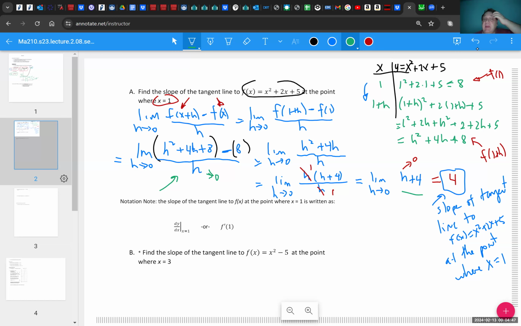In this particular case, if you plug in 0 for h everywhere on the top and the bottom, you will get 0 squared plus 4 times 0 plus 8 minus 8 on the top, which is 0 on the top and 0 on the bottom. And 0 divided by 0 is called indeterminate, which means we need to do more mathematics, more investigation to discover what it's equal to.